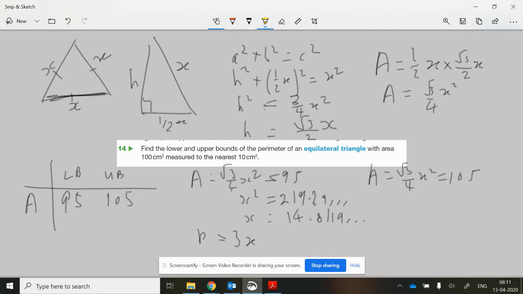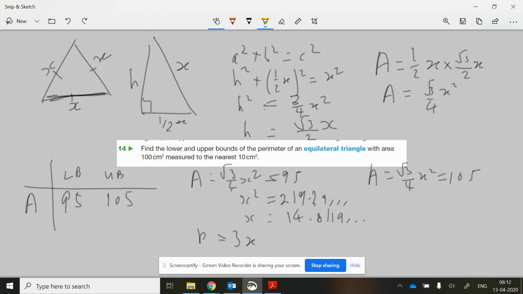So let's just recap. This 14.8119, if you go backwards, that's going to give you the area once we square it and multiply by the square root of 3 over 4, 95. So 95 is the smallest area that was possibly recorded, and that comes from starting with an x value of 14.811.